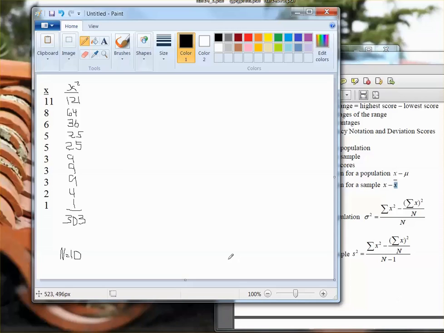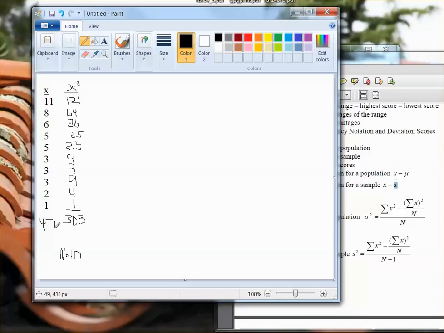Okay. Now notice this other entity here. The formula is telling us to sum x first, then square it. So that means that we have to add these numbers up and get a value, just like we did with the mean. So when we add these up, it should be the same as what we had before for our mean formula. So we have 47.